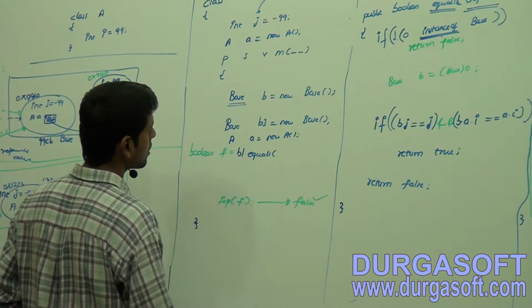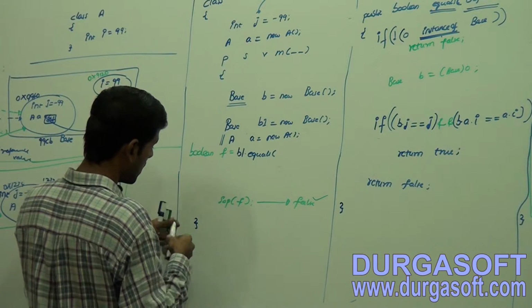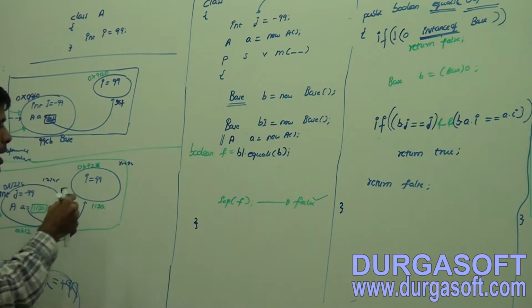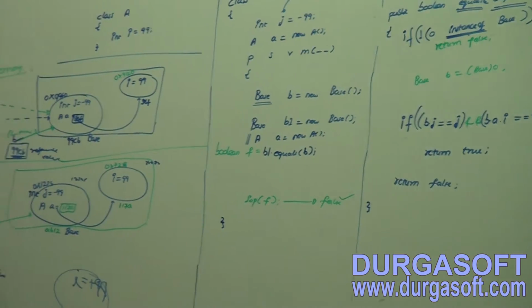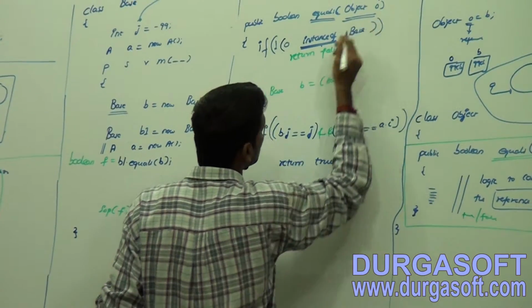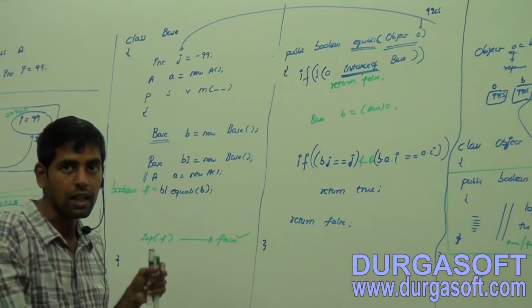In case you are passing b here, what happens? The value of b is 99CB. Observe here, 99CB. Now o instanceof Base, is it true or false? Yes.